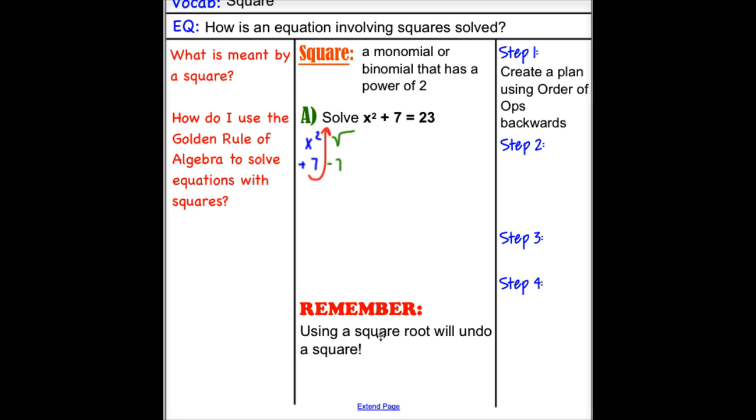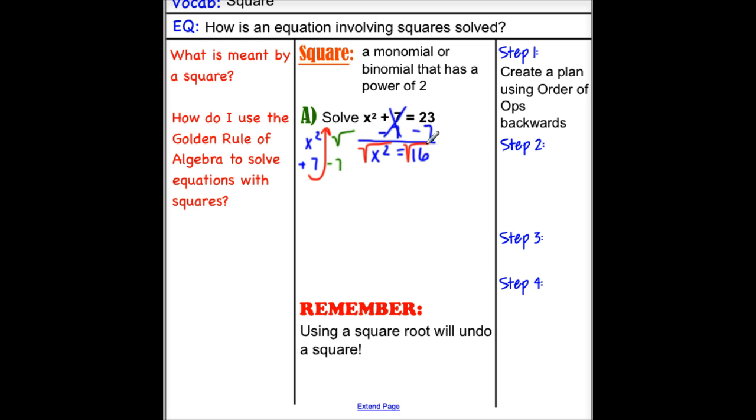When we go back to our equation, first we subtract 7 from both sides, leaving me with x squared because these cancel, and 23 minus 7 is 16. Then I square root both sides.